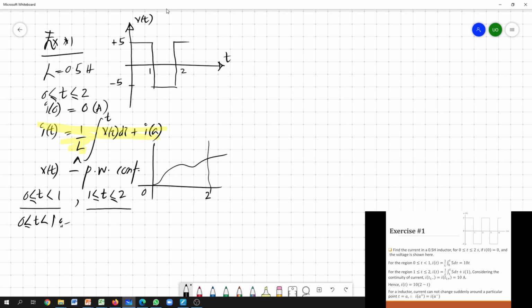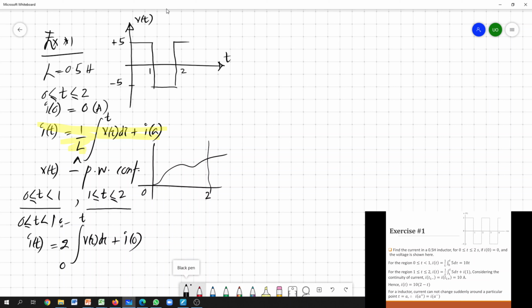We can simply say that it equals 1 over L, which means 2 times the integral from 0 to t of V tau d tau plus I0. This is the integral expression which explains the current behavior during the interval 0 and 1.